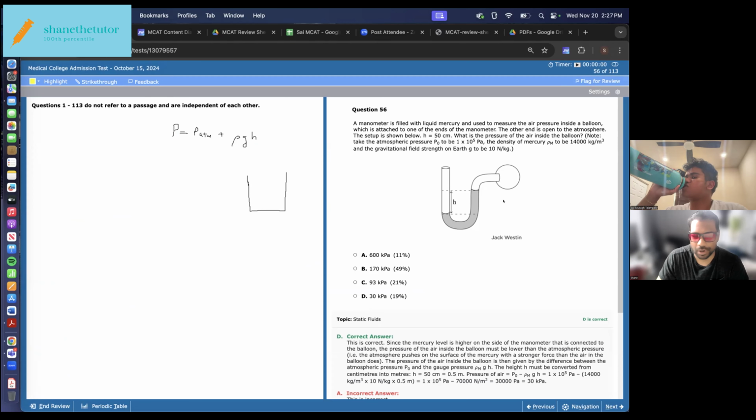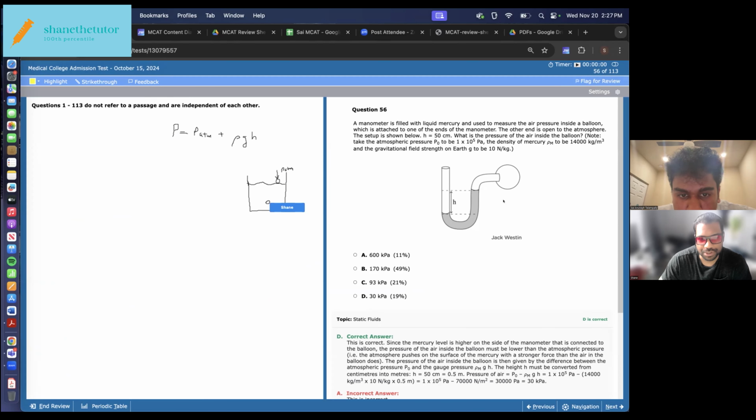Let's say I had a container of water and a ball floating on top. It's experiencing atmospheric pressure, right? Now let's say this ball is submerged here. It still experiences the atmospheric pressure, but it also experiences the pressure of the water on top of it, which we can write as rho g h. So that's the typical example.